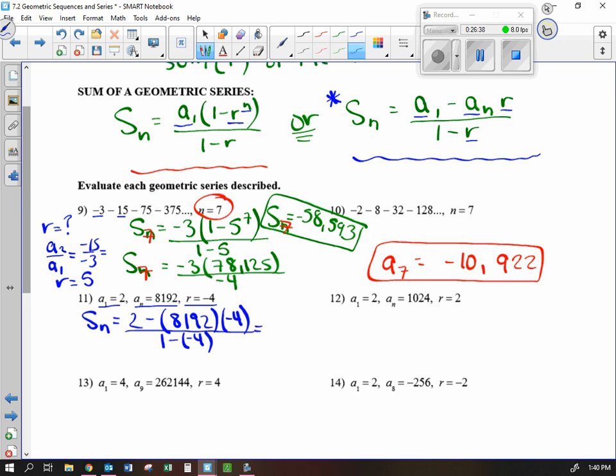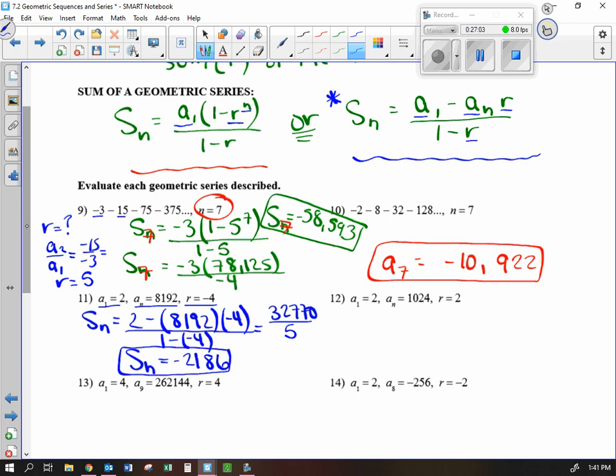Okay, so typing this into our calculator, just simplifying, you're going to get, at some point, 32,770 on top, and you're going to get 5 on bottom. Okay, if we divide those, our final answer, the sum of the geometric series, is going to be negative 2,186. That's going to be our answer.